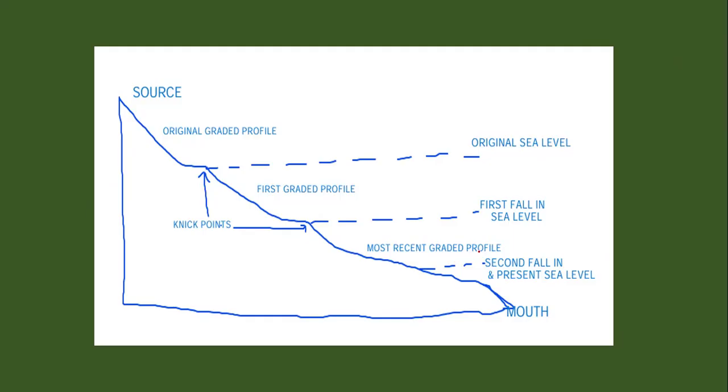Now, what are the reasons when the river gets rejuvenated? Number 1 is the change in the base level. That is, the river has more energy which it uses to remove the irregularities. Number 2, climate change. Climate change or variation can cause excessive precipitation, which will result in an increase in discharge.